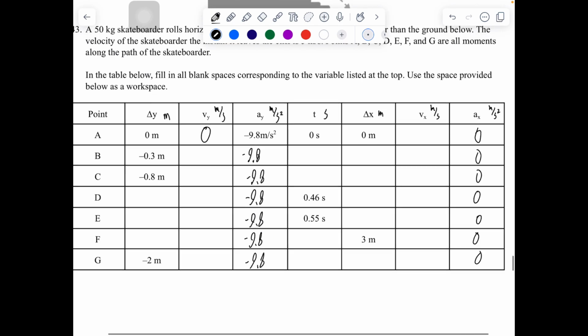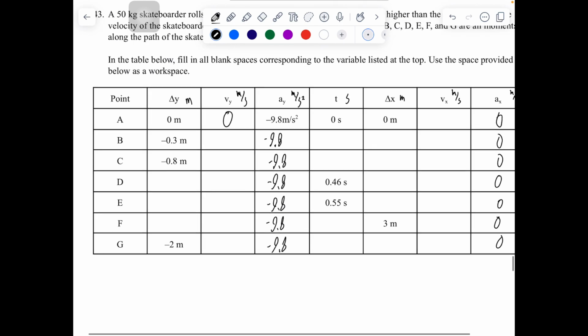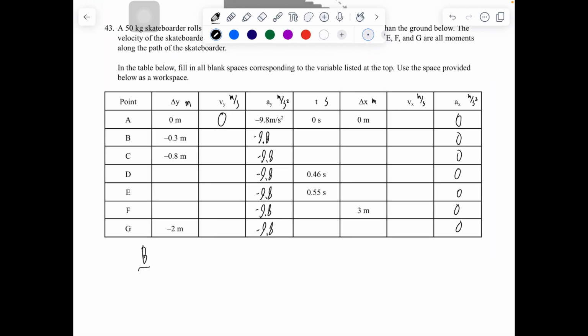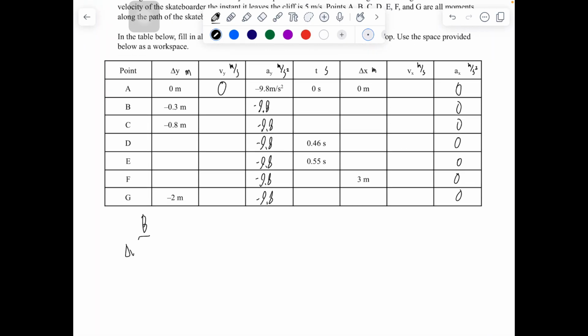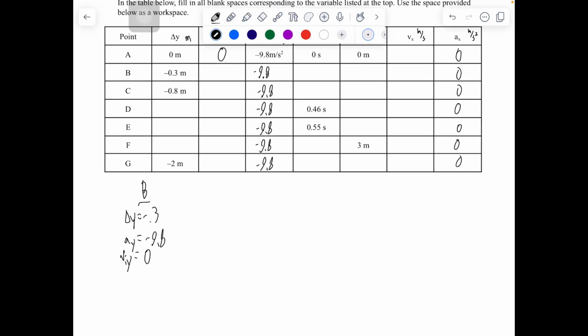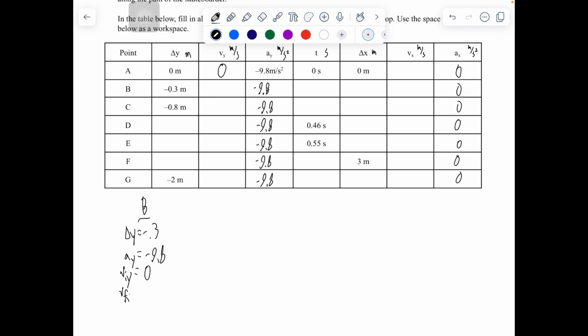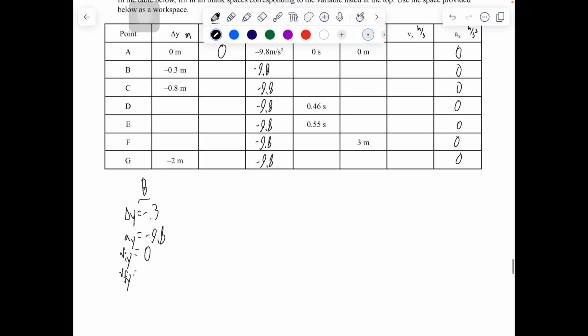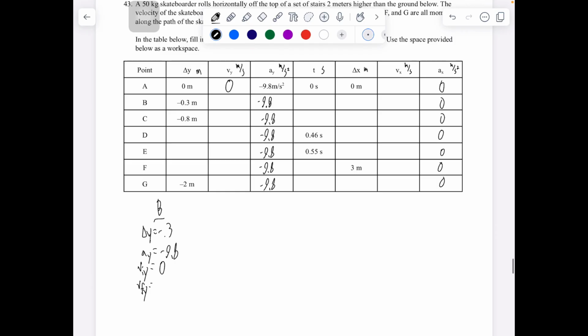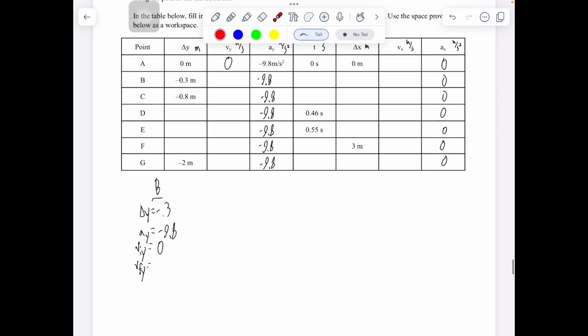Let's say we'll solve row B. We know B has a delta y, negative 0.3. We always know the acceleration, negative 9.8. We know the initial velocity in the y, and our initial velocity will always be 0. If we want to solve for the final velocity, and that specifically will solve for this slot right here, we don't have time.